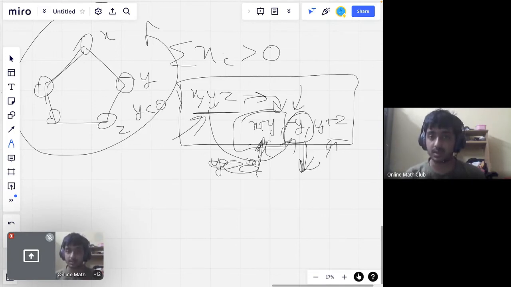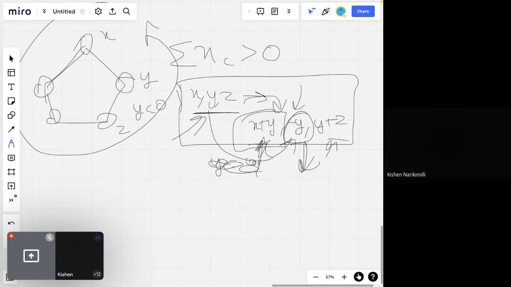Kishan, you were saying something. If y is less than x, then after the process, y is going to become positive, and x is going to stay positive. But if y is greater than x, then y will become positive again, and then x will become negative. And after the next process it's going to be... okay, I completely lost my thought.